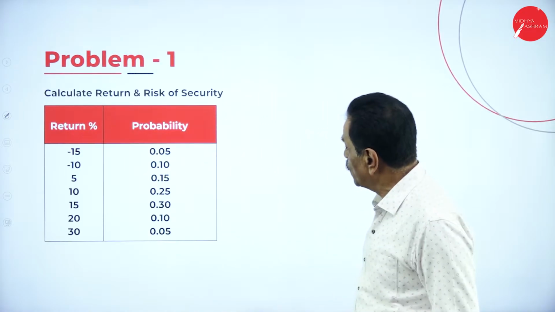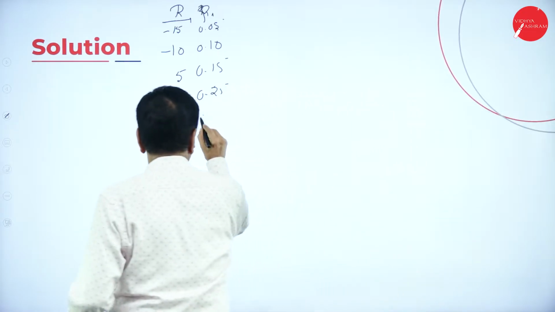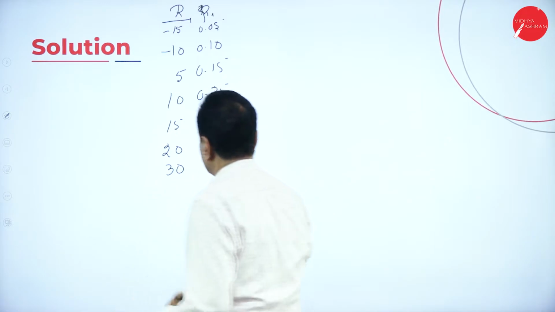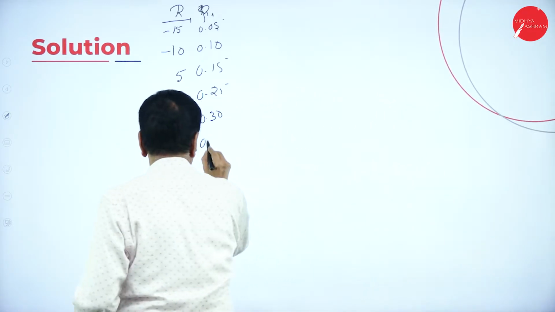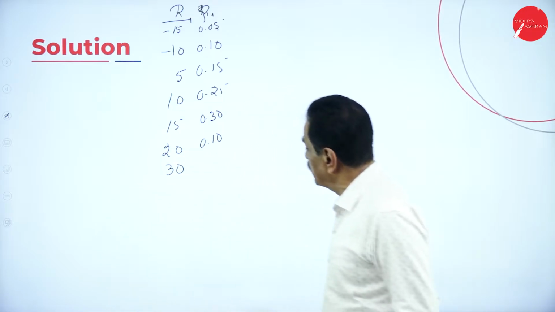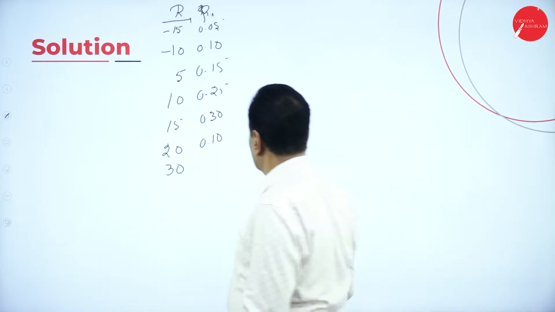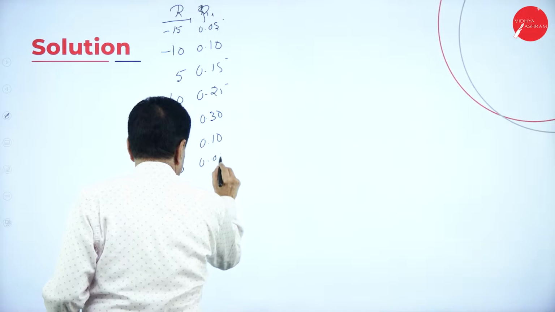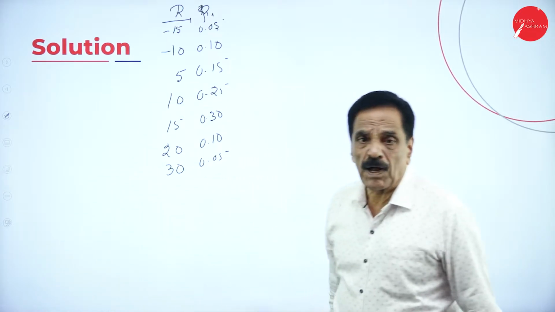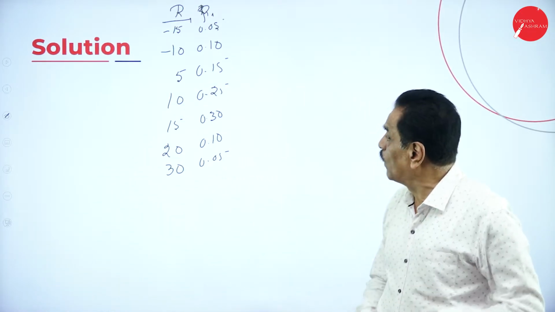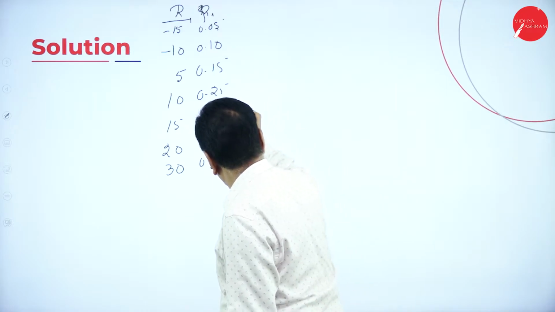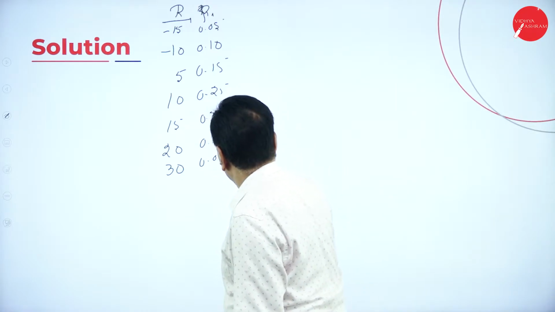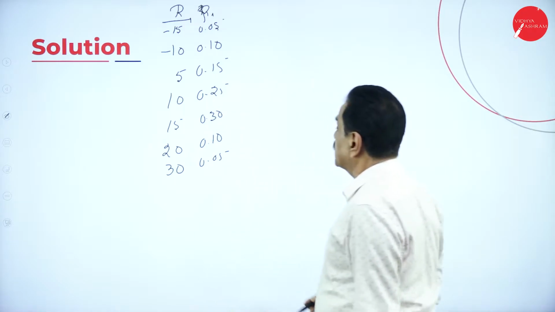So when you add the probability, that should be equal to 1. So 0.1, 25, 50, 80, 90, 0.05, 0.5 is 10, it is 100.